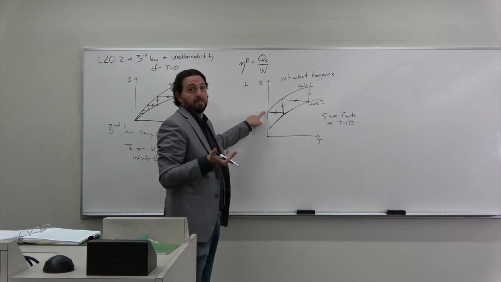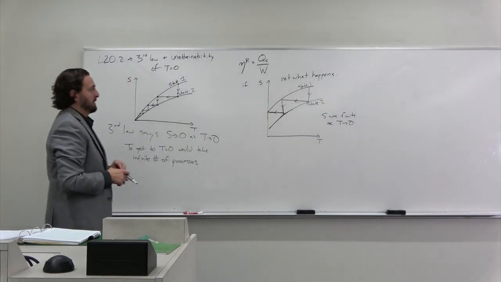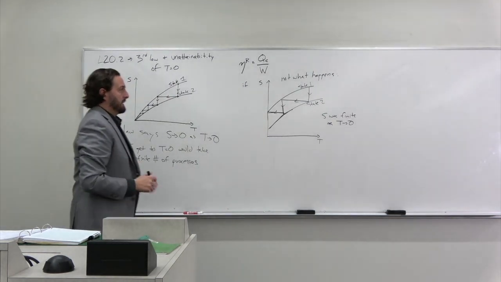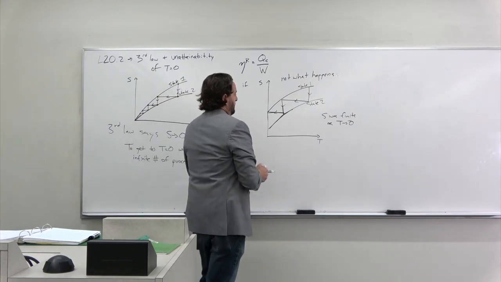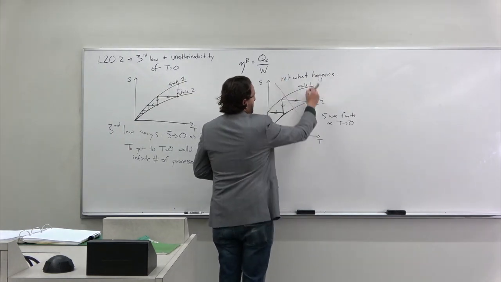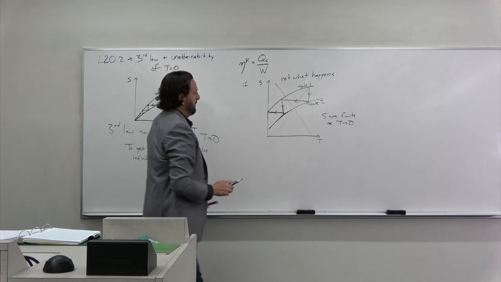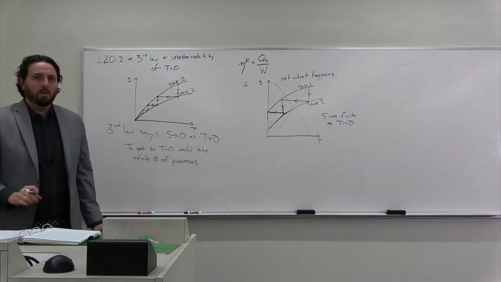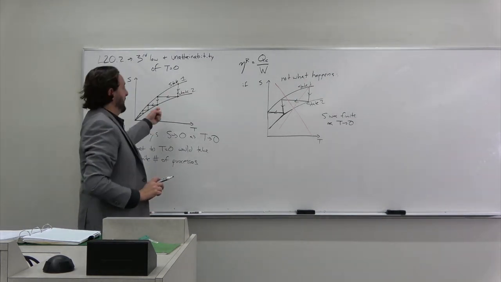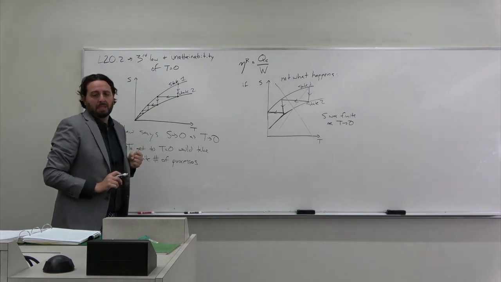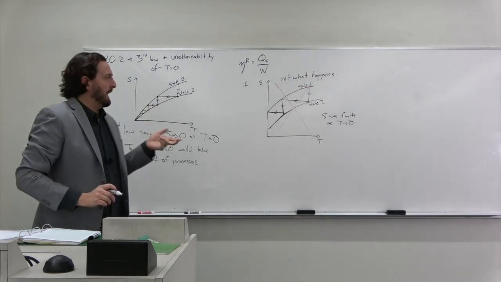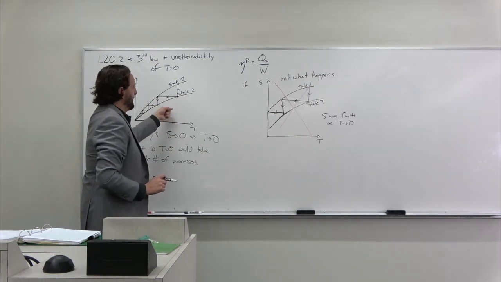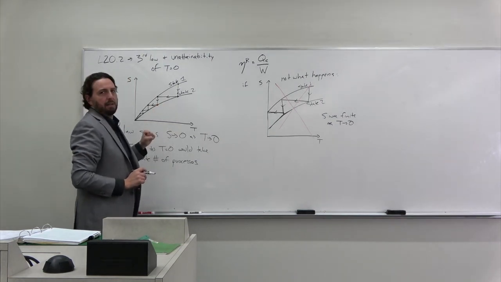If I was allowed to have some finite entropy at T equals 0. This is not what happens. This is instead what happens. Okay, so I'm fine with that. This is consistent with the fact that we can't get to T equals 0.